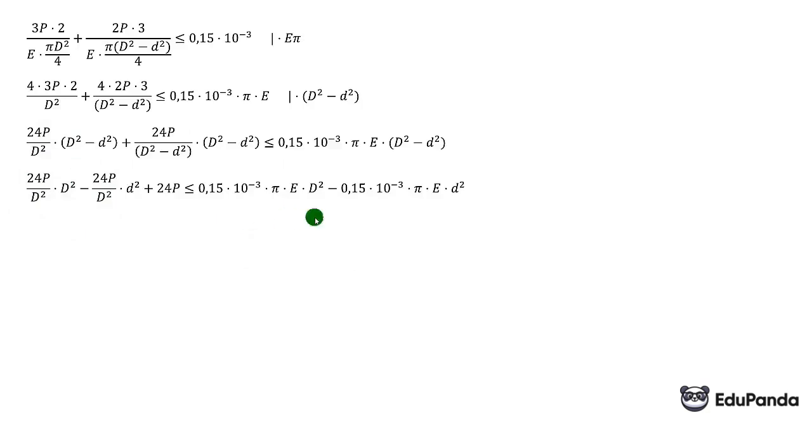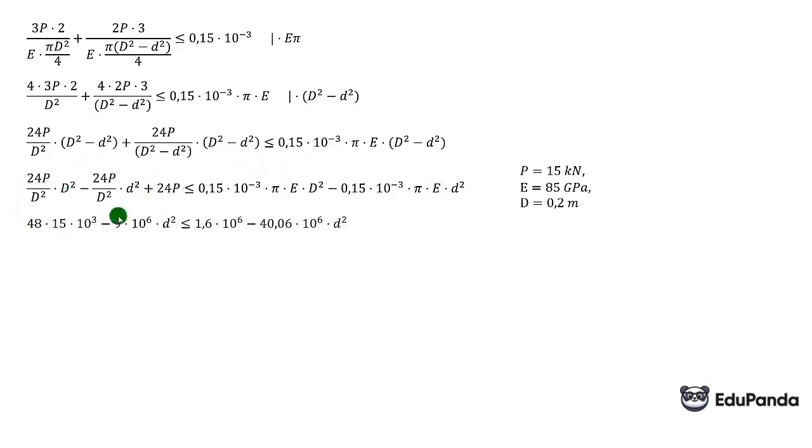D squared cancels out for us here, and we can already substitute numerical values at this point. So P from the task is 15 kN, Young's modulus 85 GPa, large diameter D 0.2 m, and I now substitute all this into this inequality. Of course, in basic units.